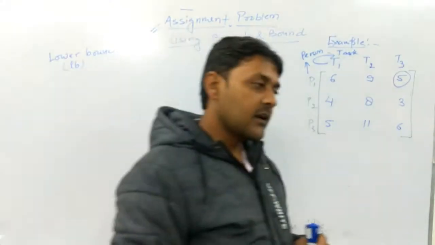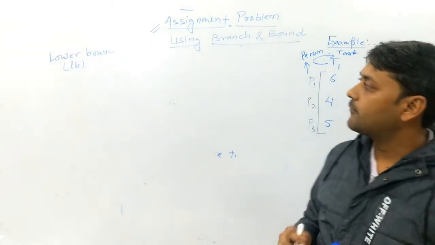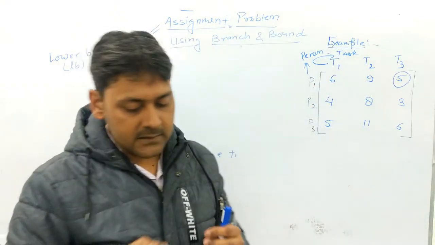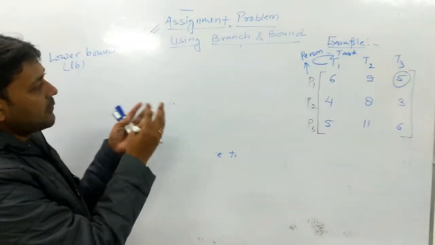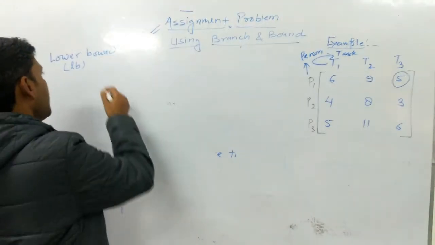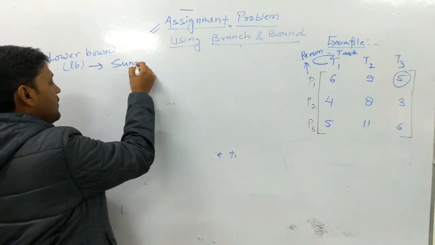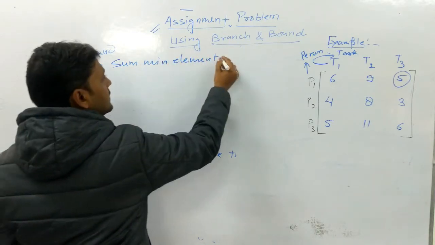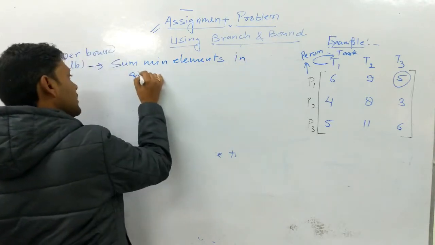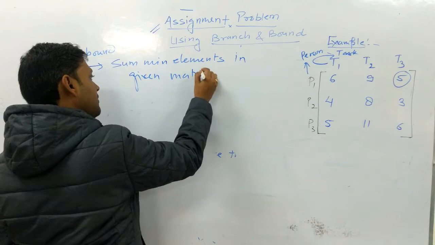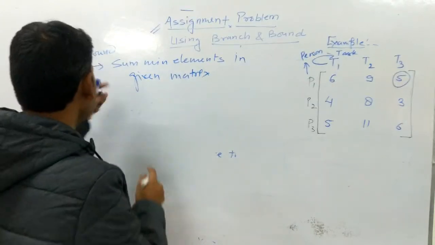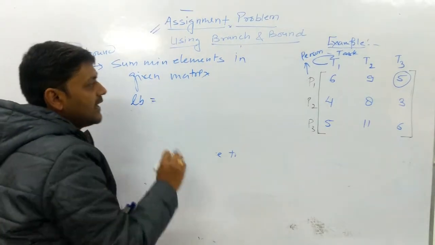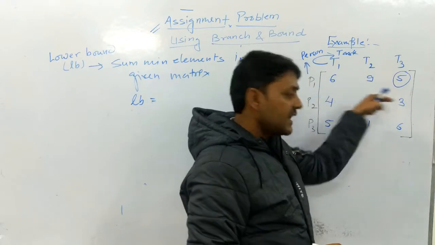Before drawing a state space tree, we have to find the lower bound. What is the lower bound? That means the sum of the minimum elements in the given matrix. I am writing the lower bound as LB. You have to take the minimum in each row.